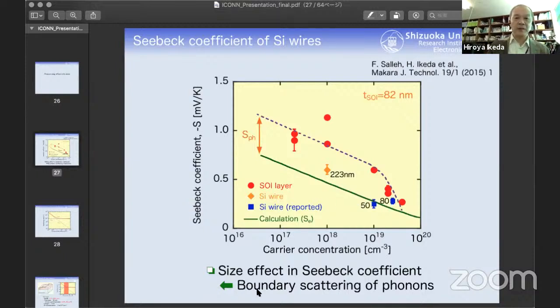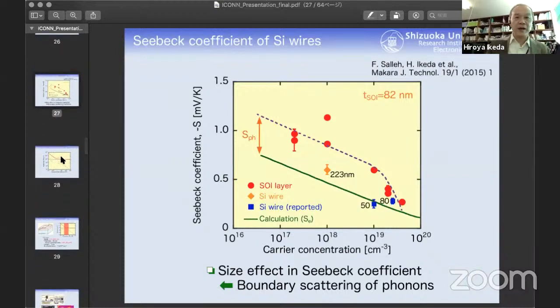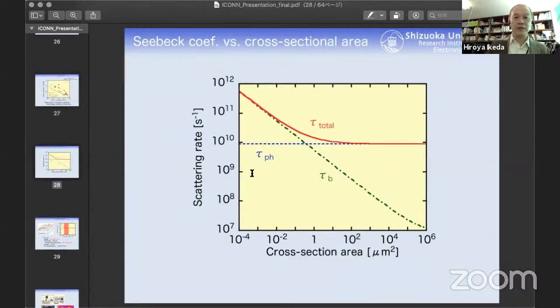This is due to the boundary scattering of phonons. So we calculate again the scattering rate for the phonon-phonon scattering and phonon boundary scattering.